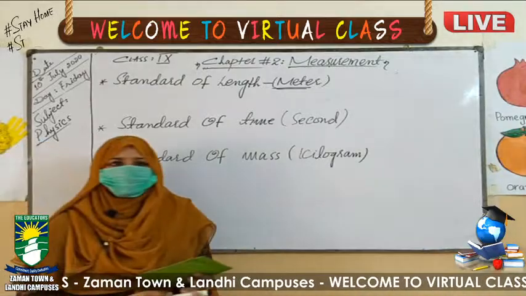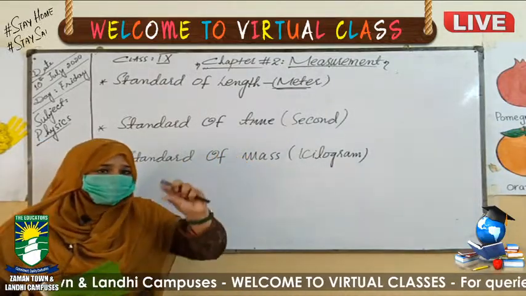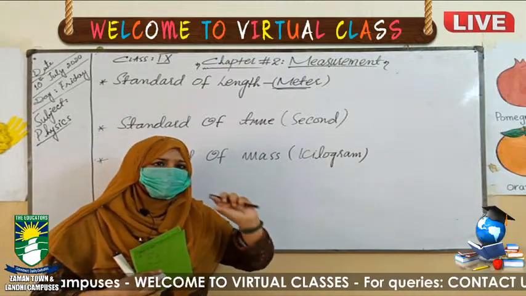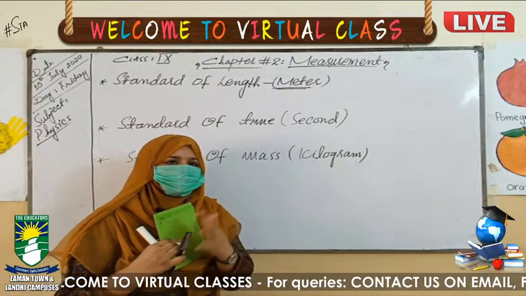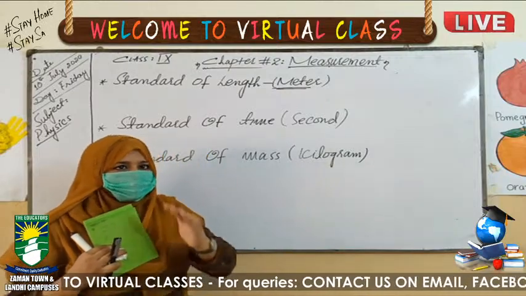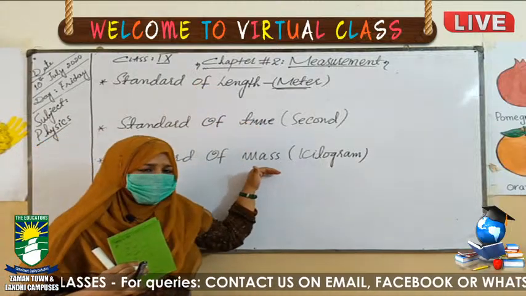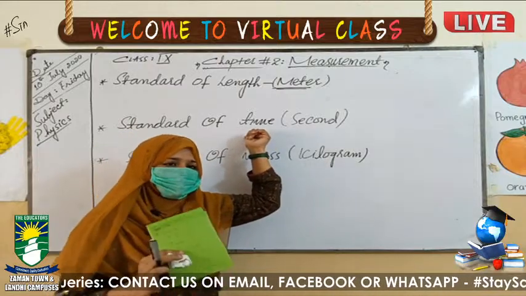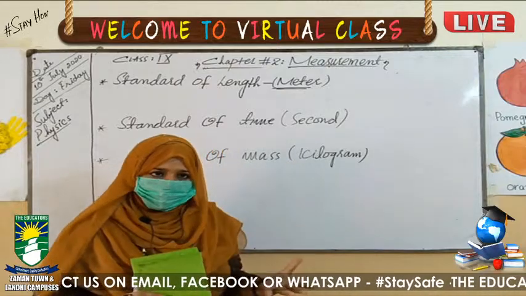On page number 13 there is the topic physical quantities, and all the definitions of the topics I have taught are present on pages 13 and 14. Our next topic is standard of length, time and mass, which I am not teaching here, but you will read it so I can easily teach you in the next class.